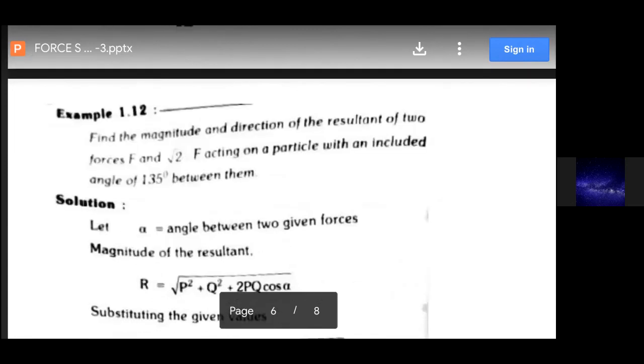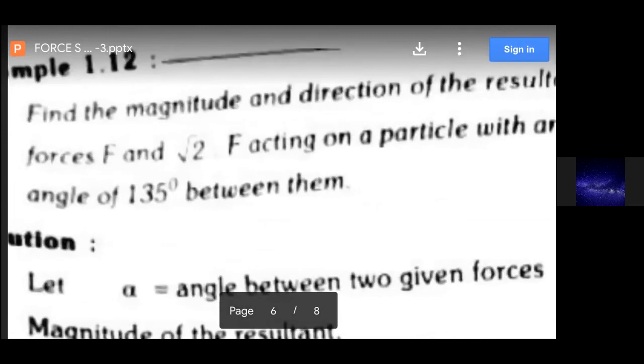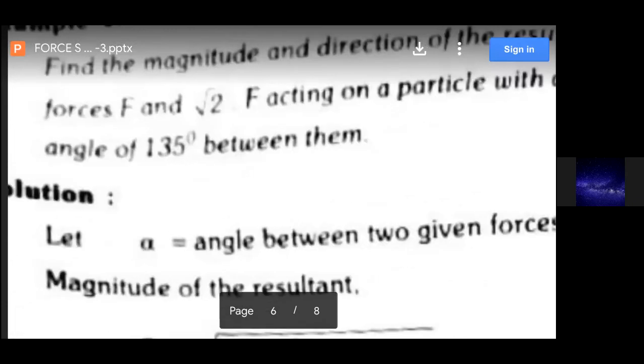Next problem. Find the magnitude and direction of the resultant of two forces F and root 2 F, which act on a particle with an included angle of 135 degrees between them.